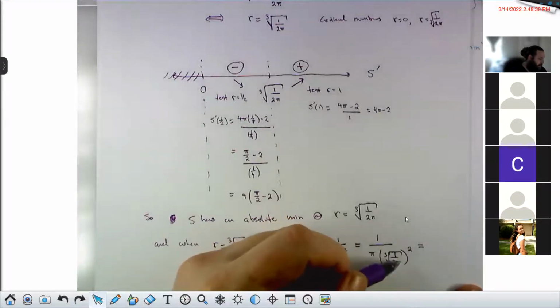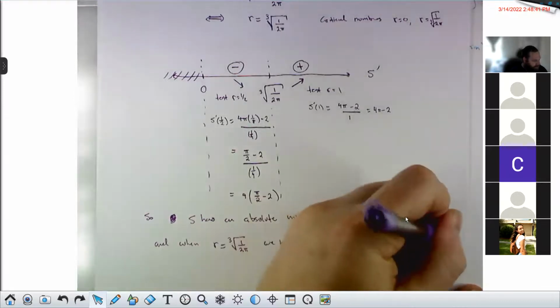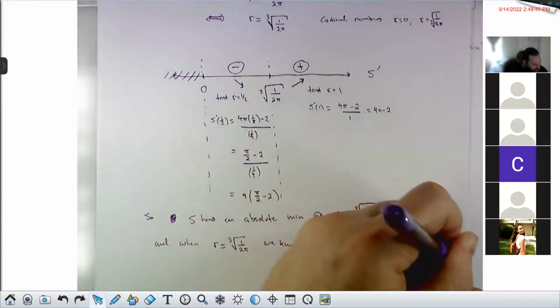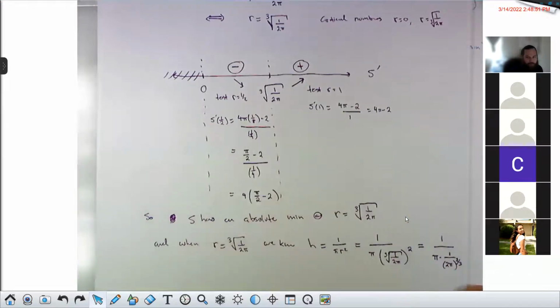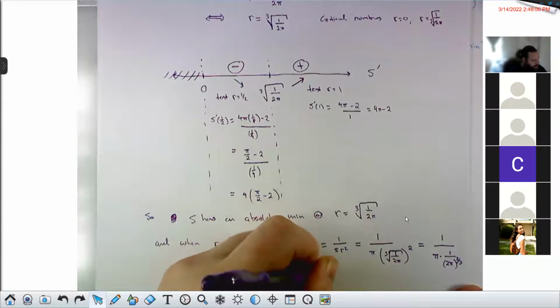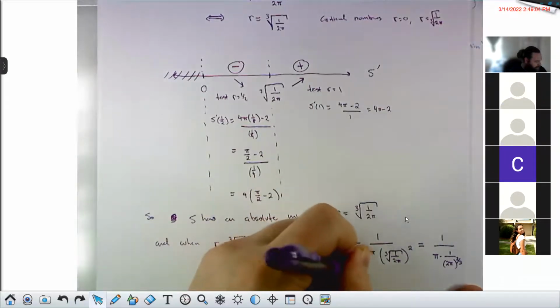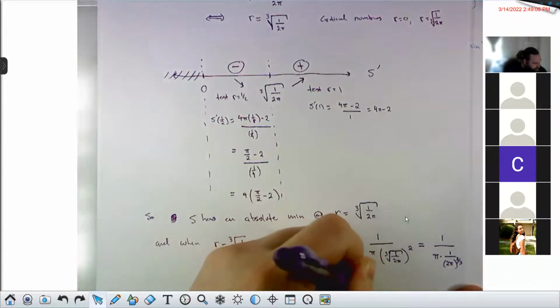When you square that, you get the cube root of 2 pi squared. So here, let me write this down. This is 1 over pi times 1 over 2 pi to the 2/3 power. So the cube root is the 1/3 power, and then I'm squaring that. And then a little flip and multiply, and you get 2 pi to the 2/3 divided by pi.